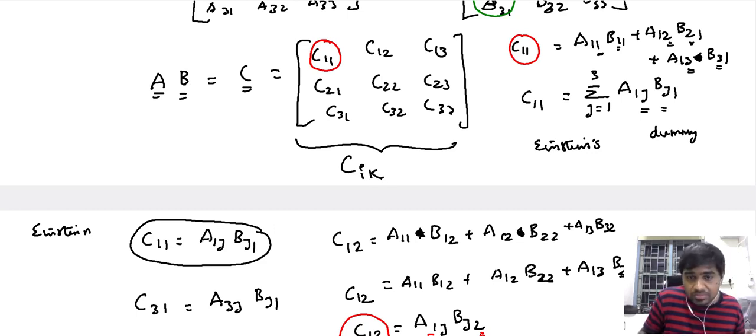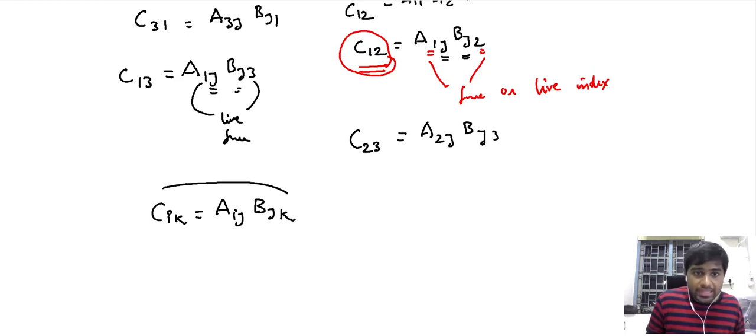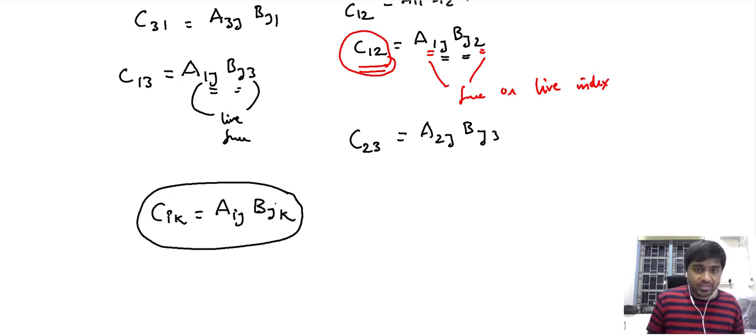All the elements of the product matrix can be represented in this simple manner. Again, we should never forget that here the Einstein's convention is involved.